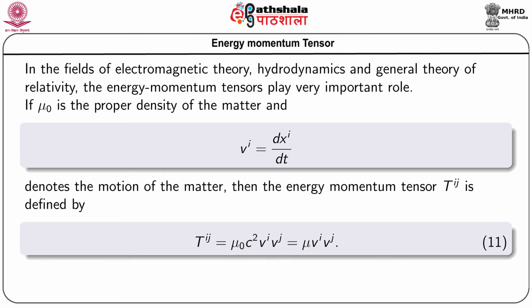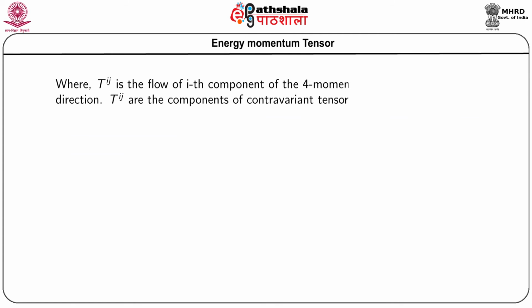So T^ij can be expressed in the form mu V^i V^j, where c is the velocity of light. Here T^ij is the flow of the ith component of the 4 momentum along the jth direction, and T^ij are the components of a contravariant tensor of rank 2.